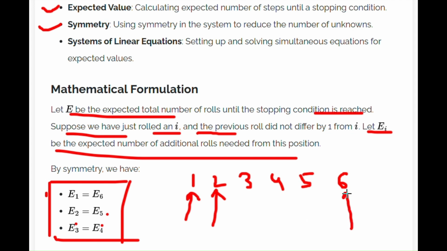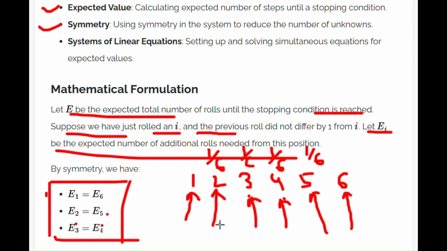Similarly, when you just rolled a 6, if your next roll is a 5, you would again reach the absorbing state. This happens with probability 1 by 6. In this case also it's 1 by 6. Numbers 3 and 4 have probability again 1 by 6, and you just reach the state 3 or 4. It does not contribute to the success criteria.